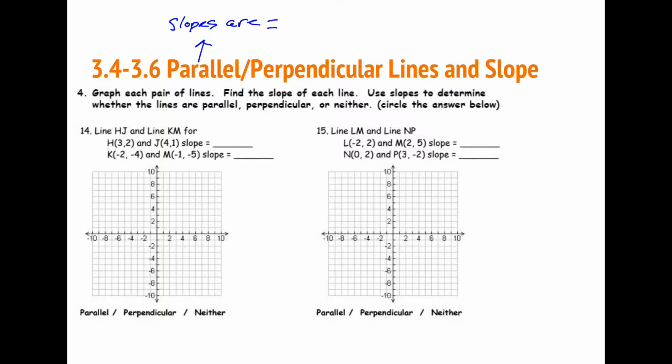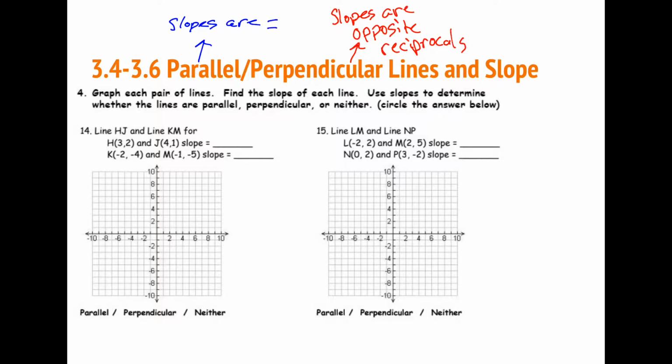Perpendicular, we're going to know that those lines are perpendicular if their slopes are what we call opposite reciprocals. And I would probably write this in your notes somewhere so that you have it. Opposite reciprocals.